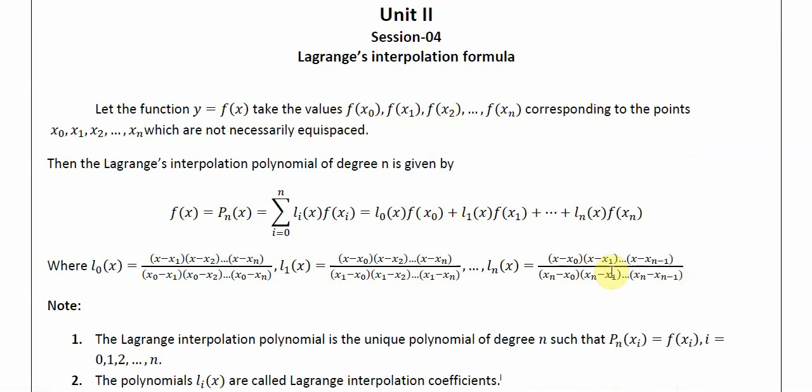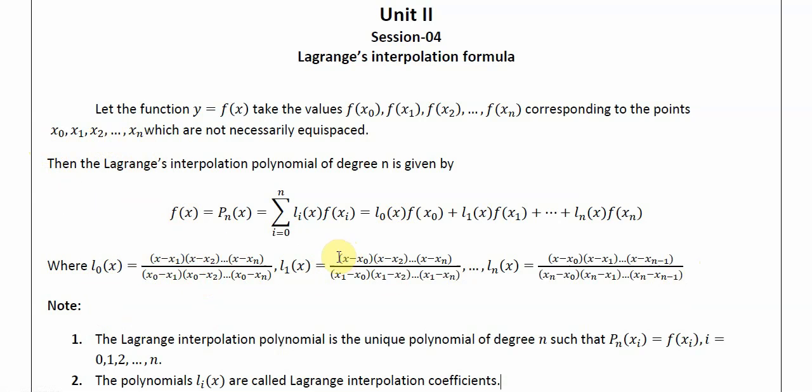So each of them is a fraction and on the numerator it is the product of the terms x minus x0, x minus x1, x minus x2 to x minus xn. We write these products in the numerator. And there is a speciality of each term. In L0 of x, because it is corresponding to x0, we will avoid the term x minus x0.